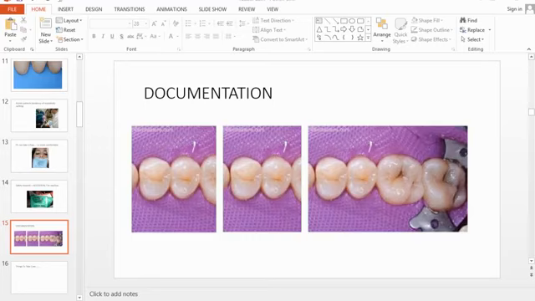Yeah, Dr. Neeraj also. So now we know that a lot of benefits are there of using a rubber dam, and we should use it as a normal or routine protocol. Okay?